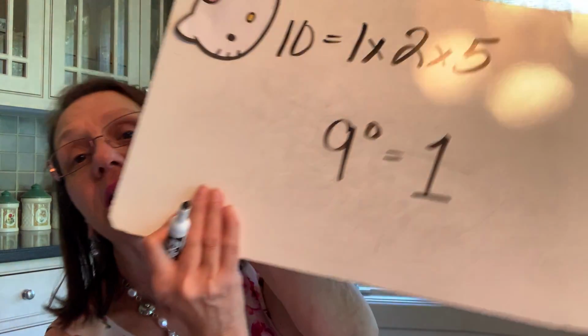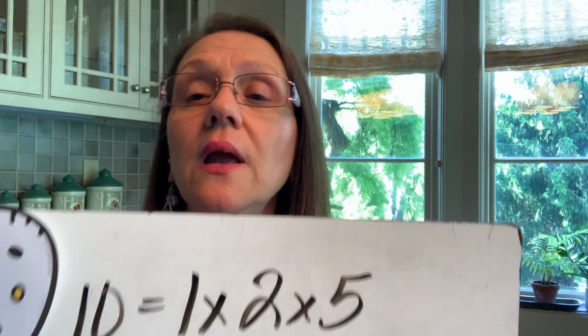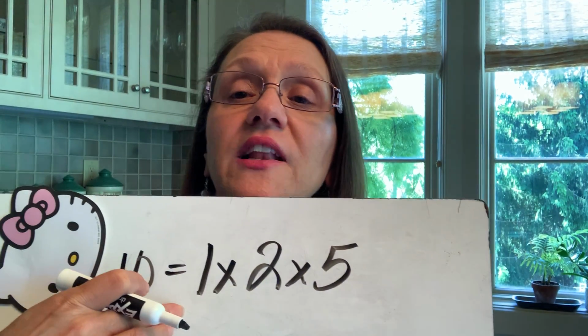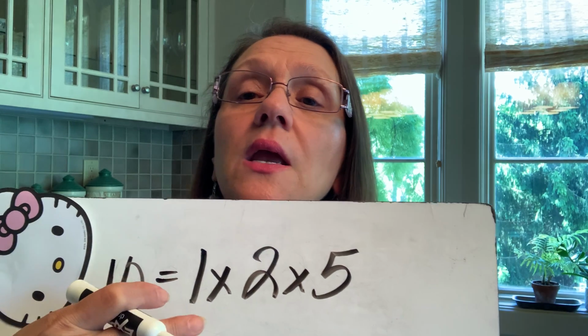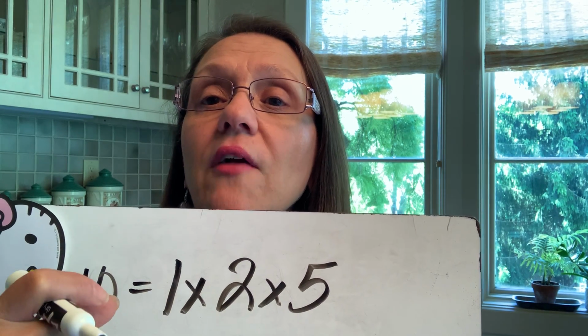Theoretically, when we have a multiplication equation like this, there is always a very silent 1 there. So 10 equals 1 times 2 times 5.